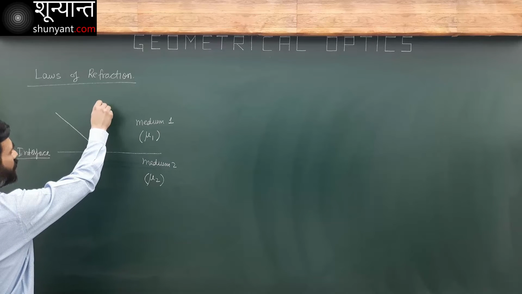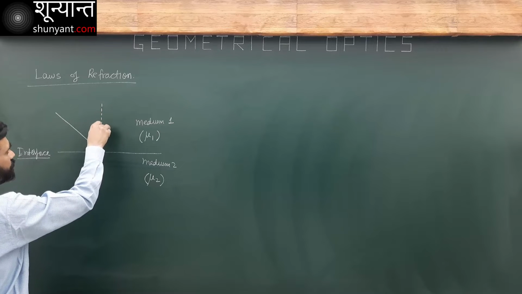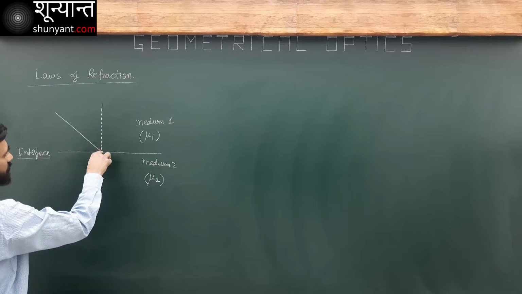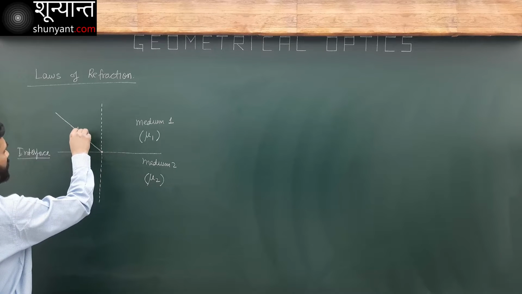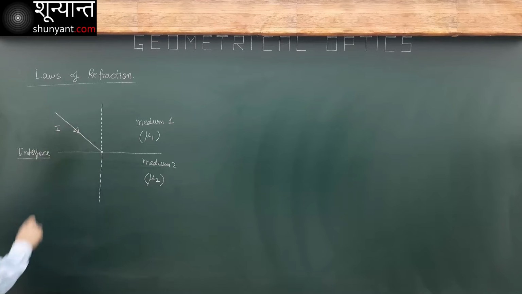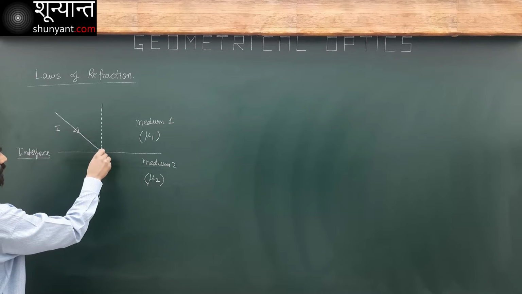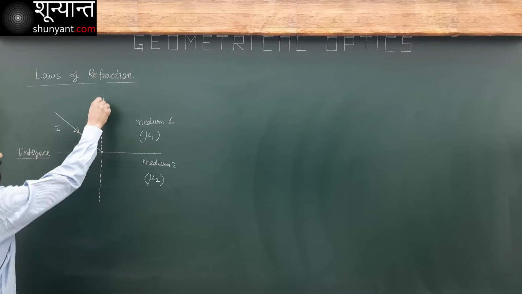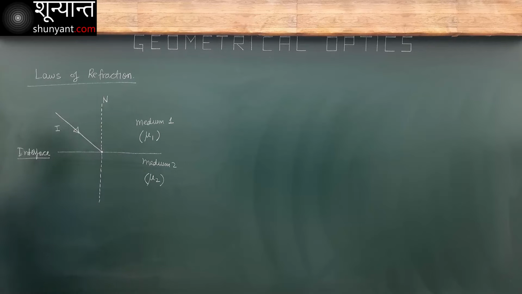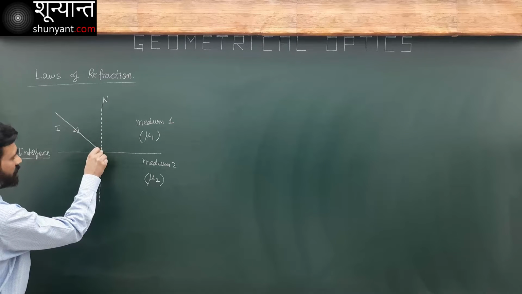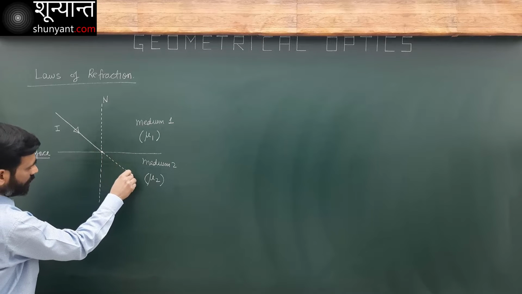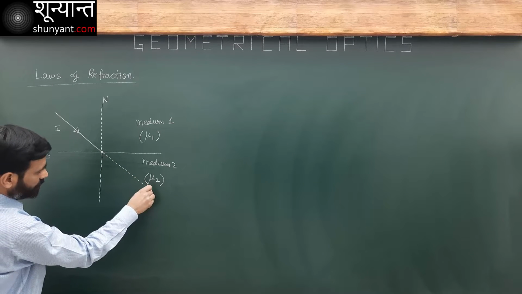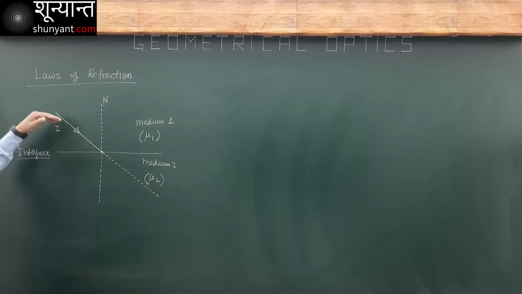Now, if I draw a normal here, this is my normal. This is the incident ray. This is the original path. Light was traveling in this direction.